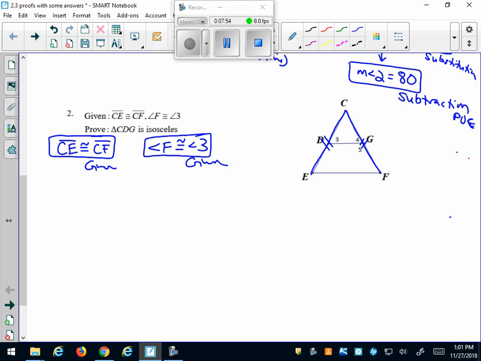Okay, again, based on our given, CE is congruent to CF. And based on the section that we're in, what conclusion can you make? What would the reason be?